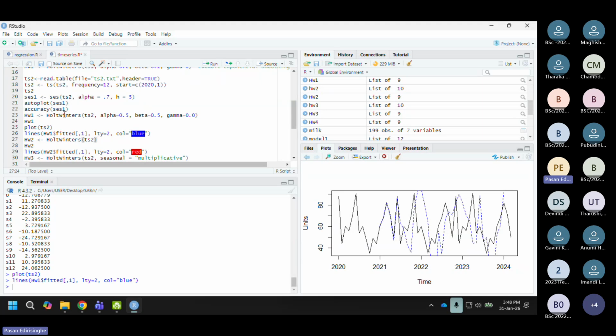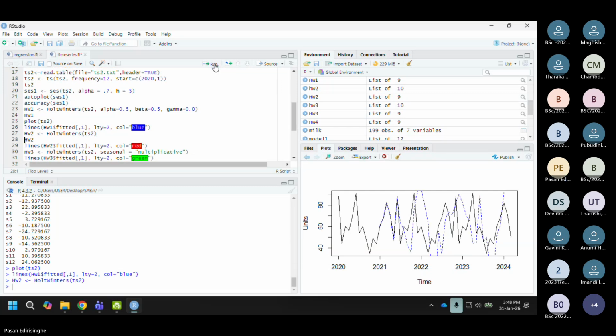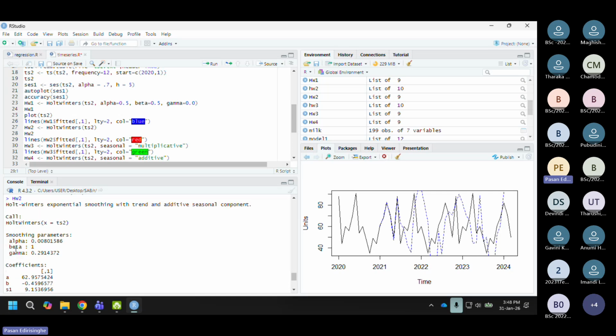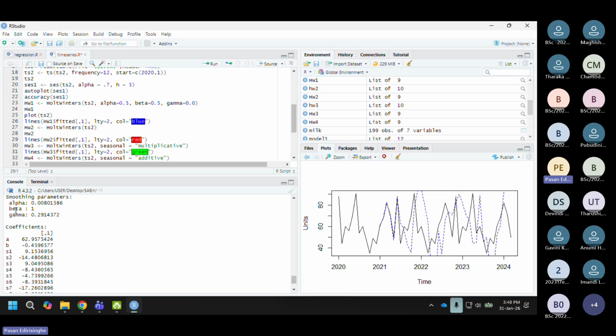Earlier I used HoltWinters and gave the alpha and beta numbers there, right? But now if I just give the HoltWinters like this, they will automatically decide the values for the alpha and beta. So let's run that one. Then the predictions are there, and you can see that they decided the alpha, beta and gamma, all three, of course.